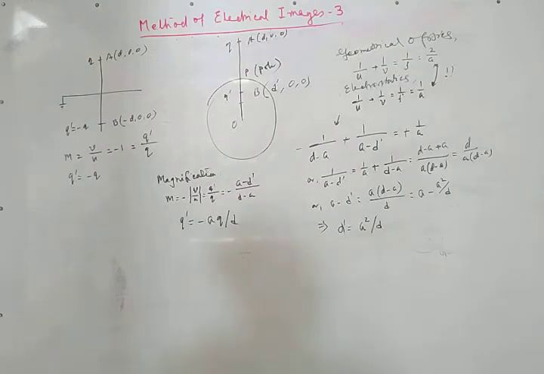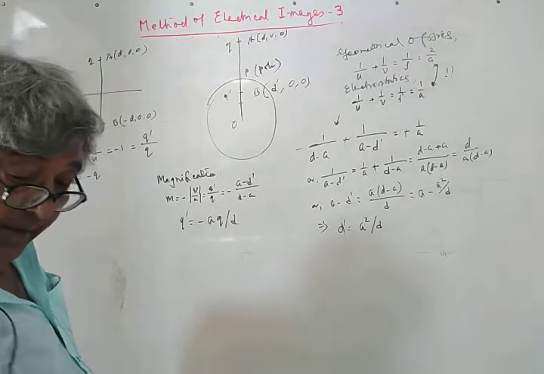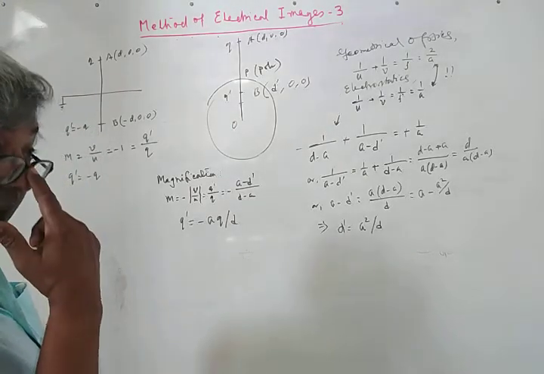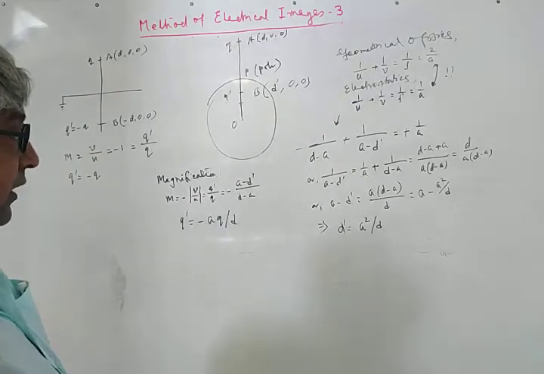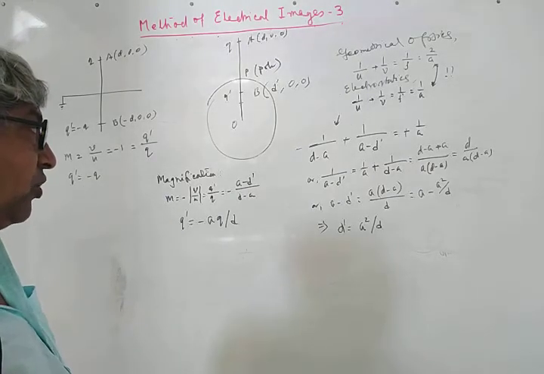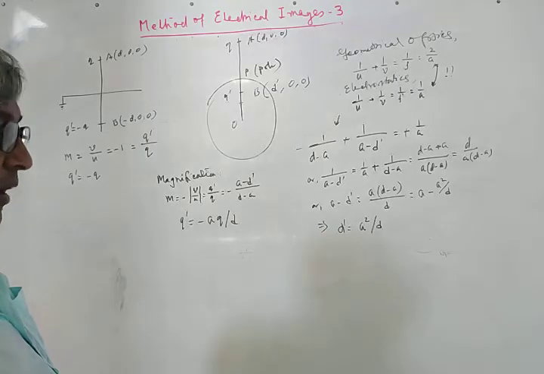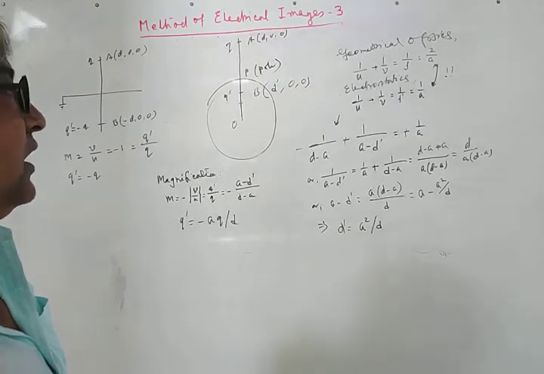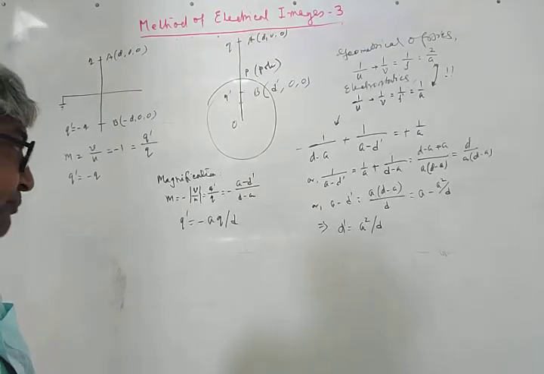So the formation of image in electrostatics can be looked upon as a reflection in mirrors, provided the mirror formula has been adequately modified with the new boundary condition which is true for the electrostatic case.